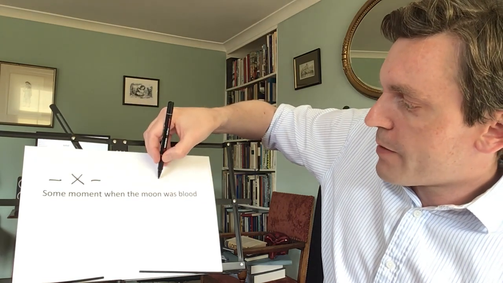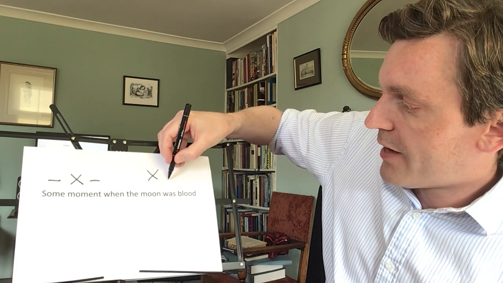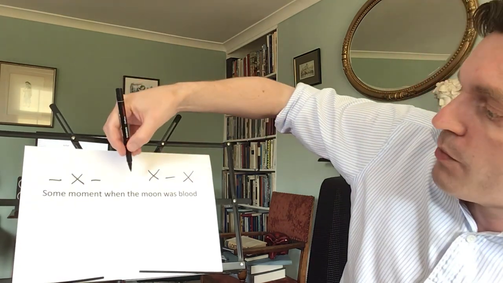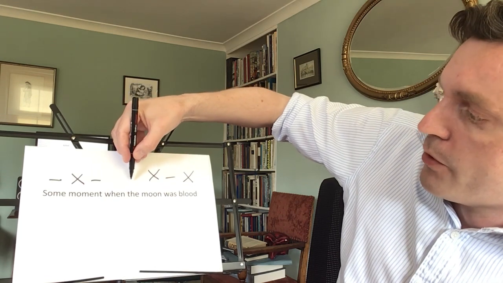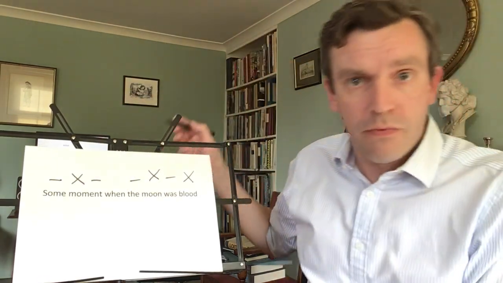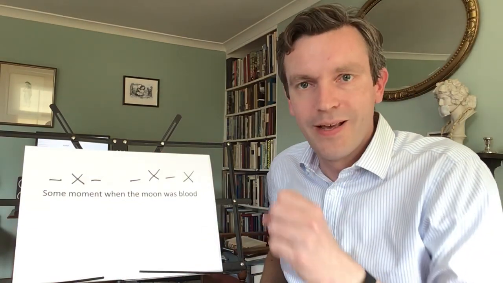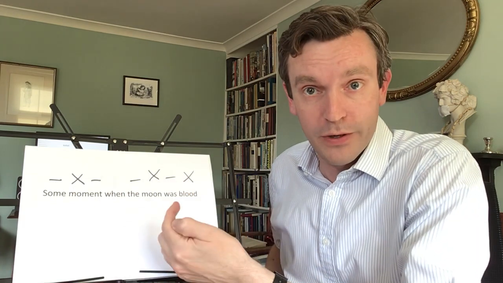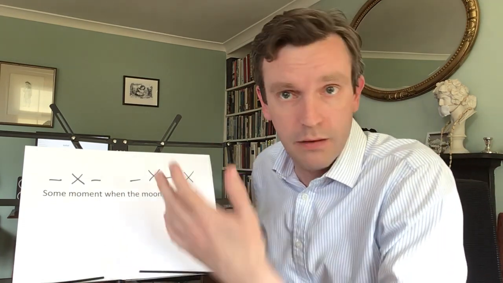So I think we can put in "moon" and "blood" there as both being stressed. But what that means is "the moon," so there is going to be unstressed. The word "when" here, now when we saw "when" popped up as the first word of the first line, I said it's a less important word, so it doesn't take the stress.